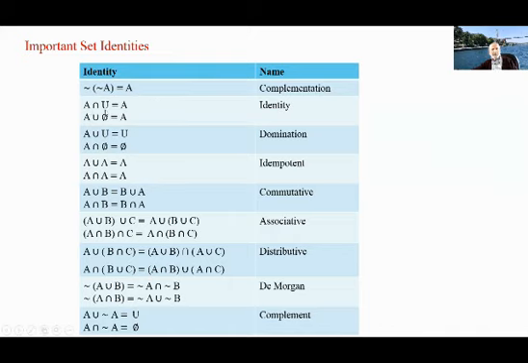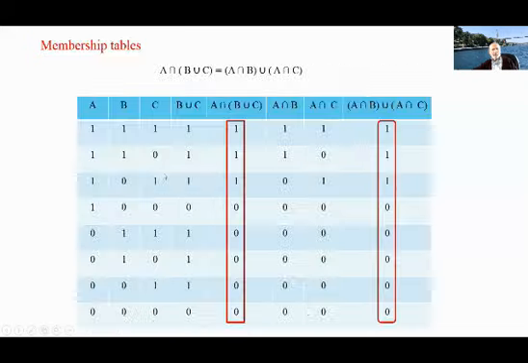A intersection the universal set is A. A union empty is A. That's easy to see. A union the universal set is U, the universal set. A intersection phi, the empty set, is empty. A union A is A, and A intersection A is A. All these are really straightforward.